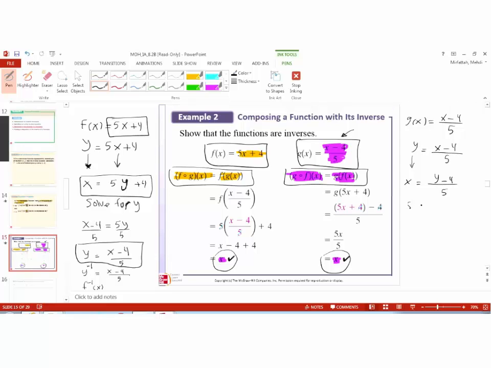Step number two is solve for y. How do I solve for y here? You multiply both sides of the equation. You can cross multiply here.